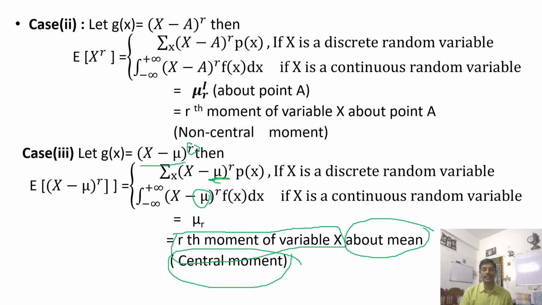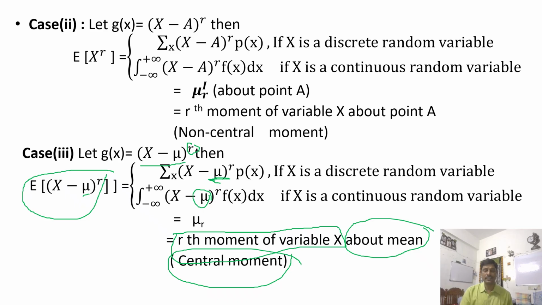What are the central tendencies? Mean, mode, median. These are called central tendencies. So here we are finding the expectation of the function g of x about the mean, so we call it the central moment.